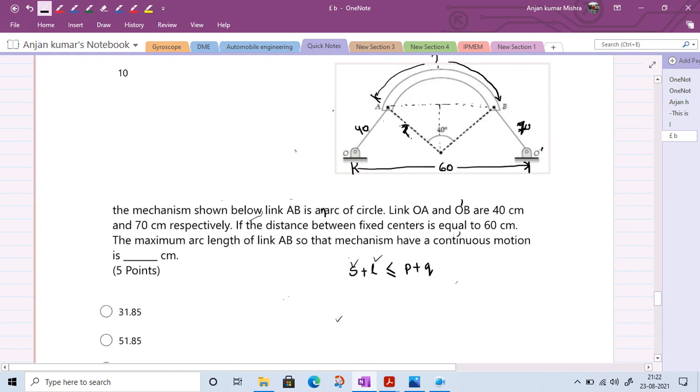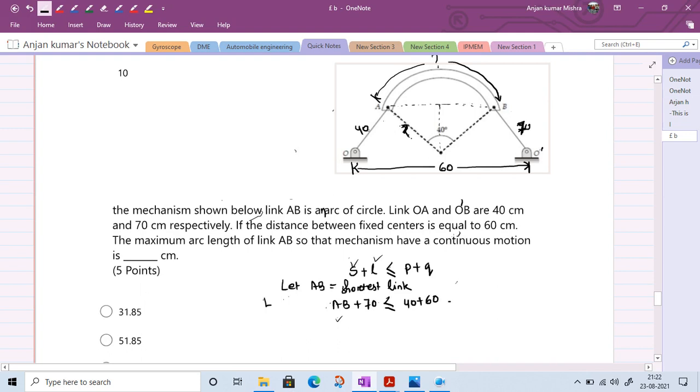Suppose AB is equal to the shortest link. Then AB plus the largest link, which among these three will be 70, is smaller than or equal to 40 plus 60.